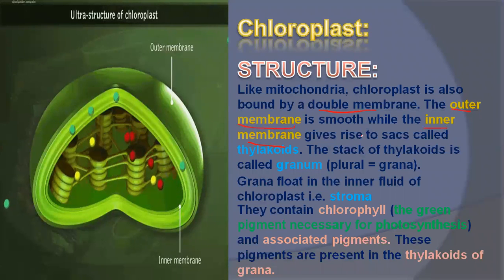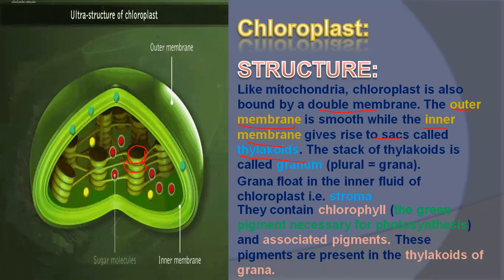The inner membrane has some sacs, called thylakoids. You can see this is the outer membrane and this is the inner membrane, and this inner membrane is not zigzag in form, but is transformed into sac-like structures. These sac-like structures are called thylakoids.